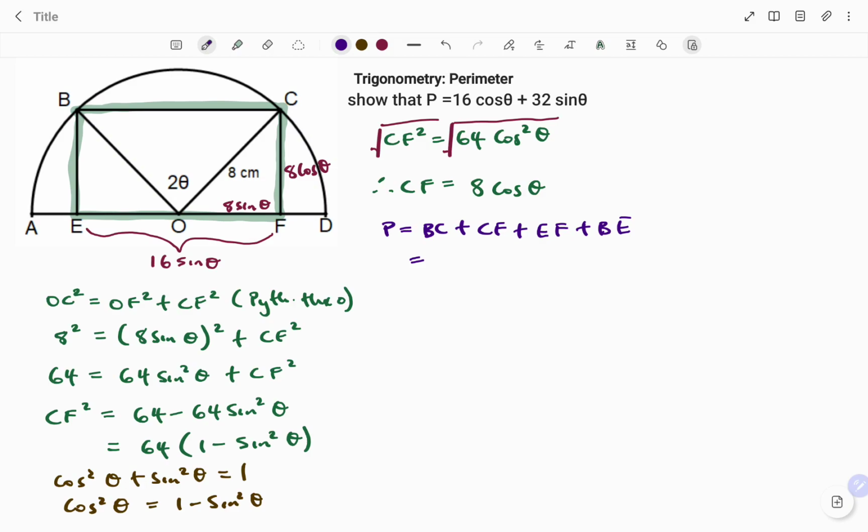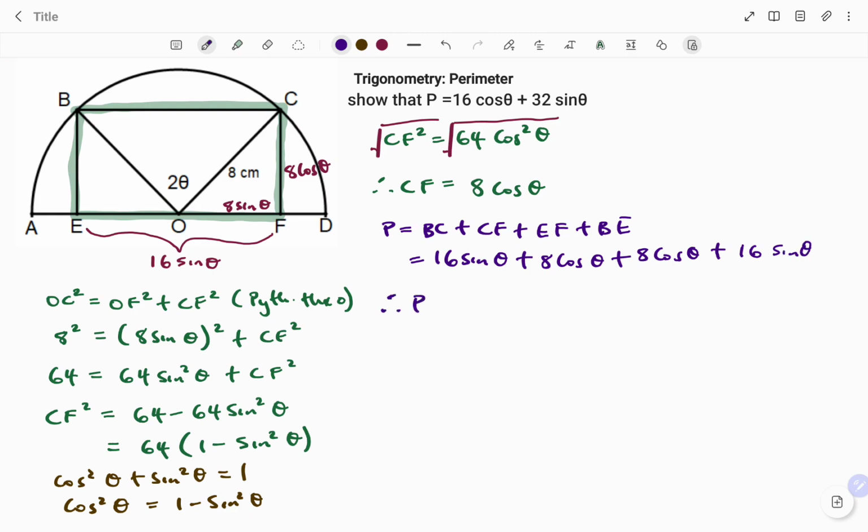That will be BC. Remember, opposite sides of a rectangle are equal, so it's 16 sine theta plus CF, it's 8 cos theta, plus BE, that's 8 cos theta, plus BC, that's equal to EF, I have one more side, 16 sine theta.